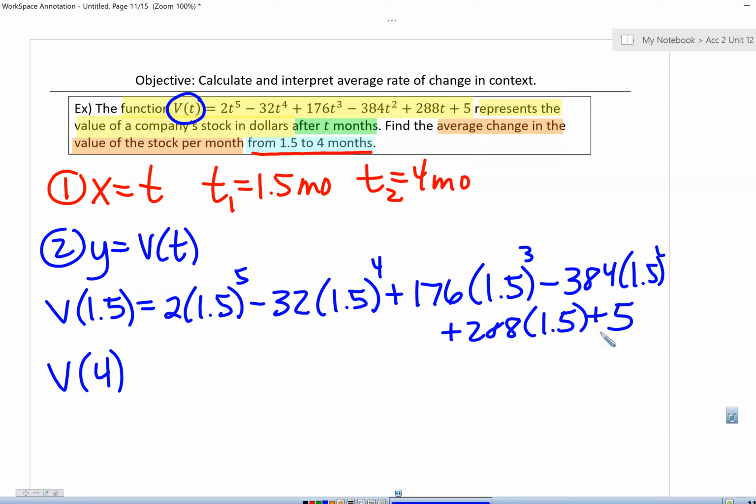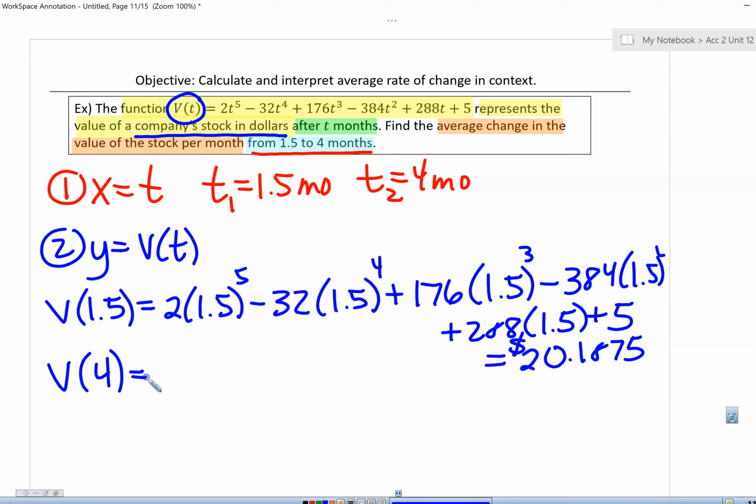All right, let's figure out what that is now. All right, so plugging this one into our calculator, we get 20.1875. Now remember, this is the value of the company's stock in dollars, so this would represent a dollar amount.